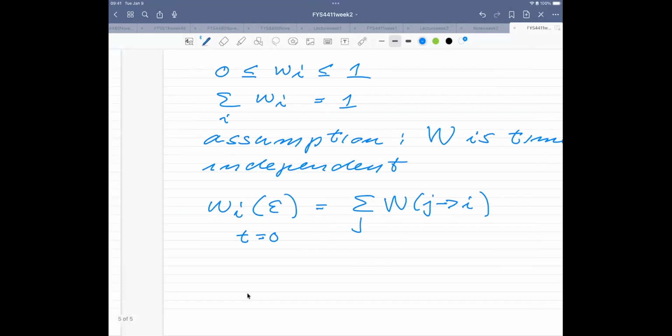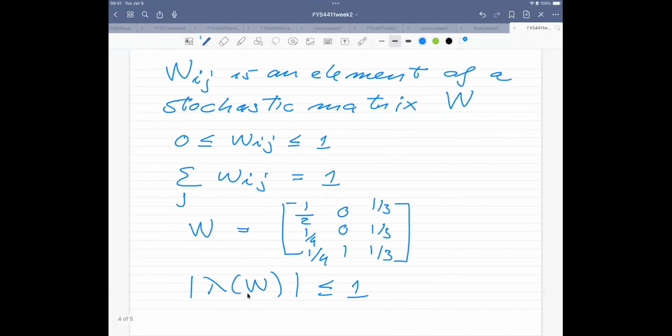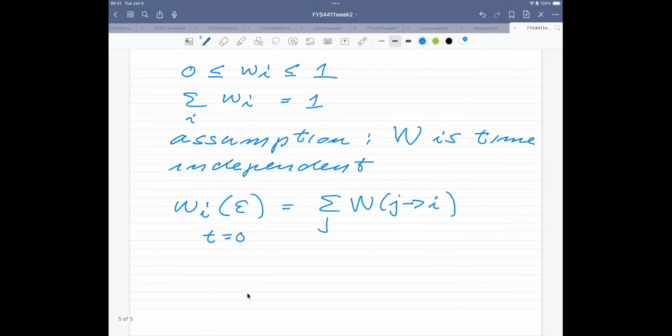Previously I wrote it like a matrix element, but now I want to use this notation because that is essentially what we are doing when we simulate this in a Monte Carlo process. We're going to jump from one state to another. You can easily translate this back to the standard matrix notation.